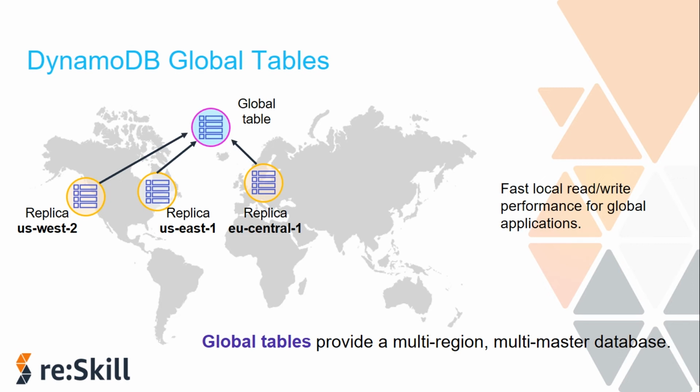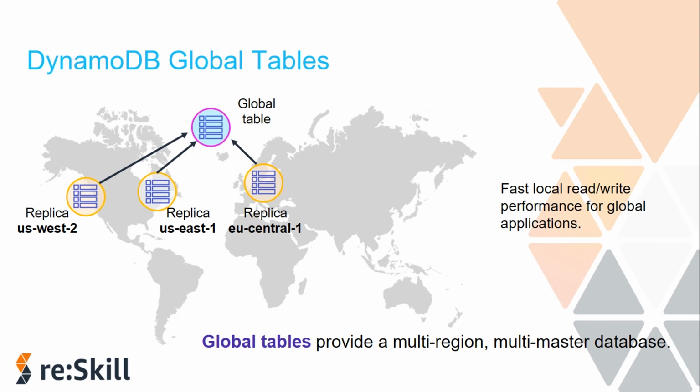You do not need to build and maintain your own replication solution. When you create a global table in DynamoDB, you specify the AWS regions where you want the table to be available, and DynamoDB performs all the necessary tasks to create identical tables in the regions that you mention. Then DynamoDB propagates ongoing data changes to all the tables.